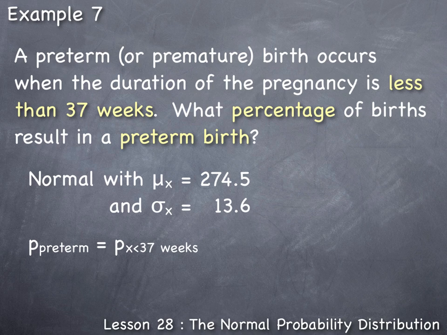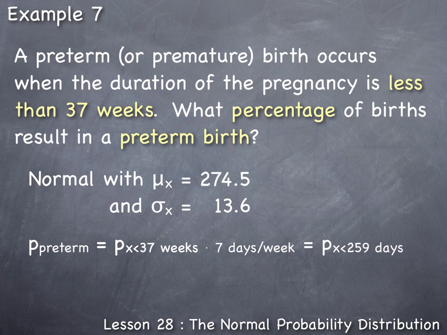The mean was 274.5 days, and the standard deviation sigma was 13.6 days. Thus, we need to convert this 37 weeks into days. We know that there are 7 days per week, so after 37 weeks, there are 37 times 7 days per week, or 259 days in 37 weeks.